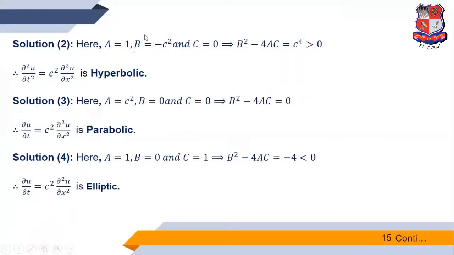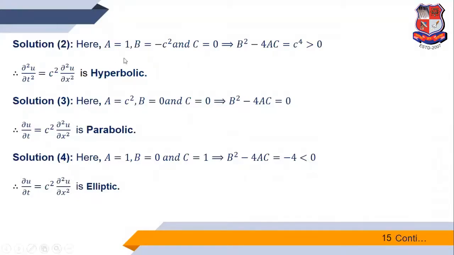So A is equal to 1, B is 0 and C is equal to minus c square. So we apply B square minus 4AC. B is 0, A equal to 1, C is equal to minus c square.